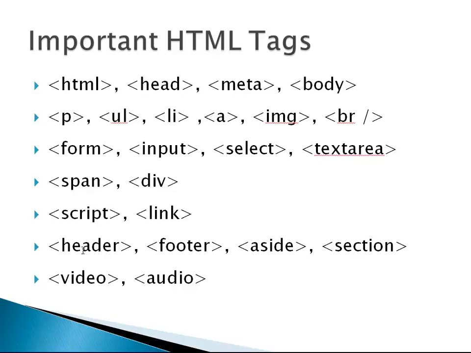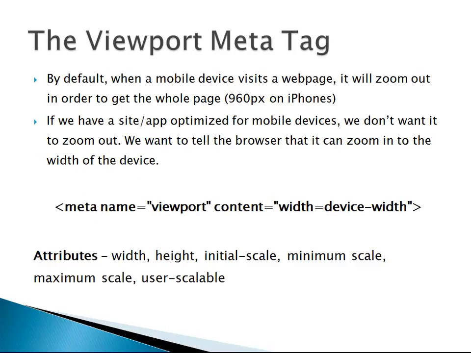We have these HTML5 tags: header, footer, aside, which is basically sidebar content, and section, which is basically say an article on the page. And then we have the video and audio tags, so we can embed video without Flash or any kind of plugin. We can also embed audio.